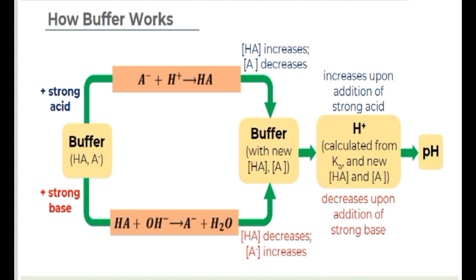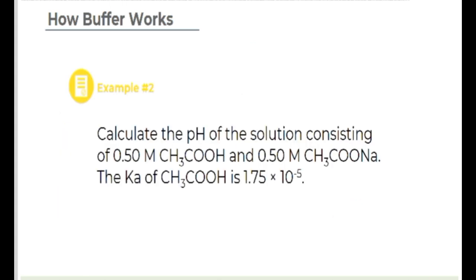The hydrogen ion concentration can be calculated from the given Ka of the acid and the new concentrations of HA and A⁻. Consequently, the pH of the buffer upon addition of a strong acid or strong base can be calculated from the hydrogen ion concentration.